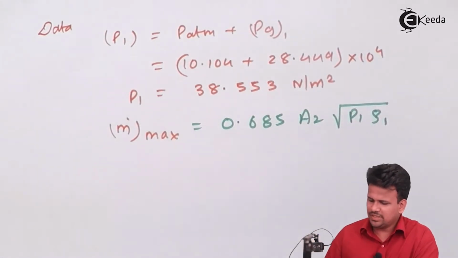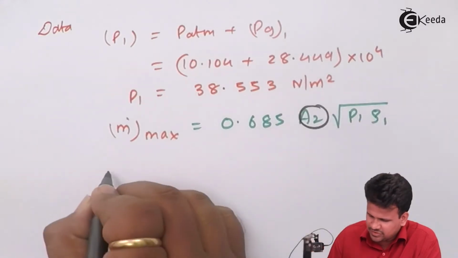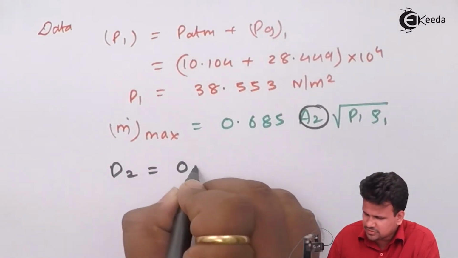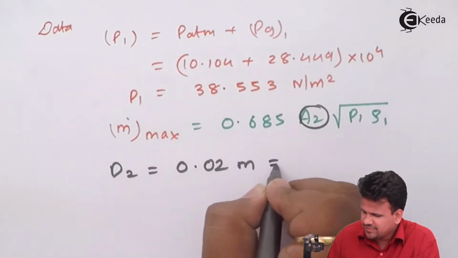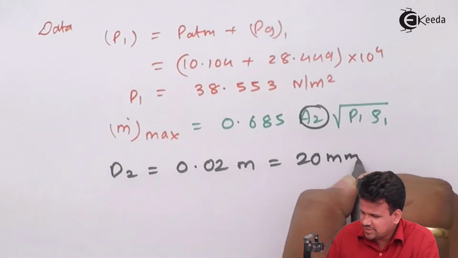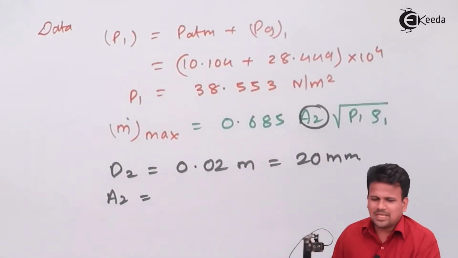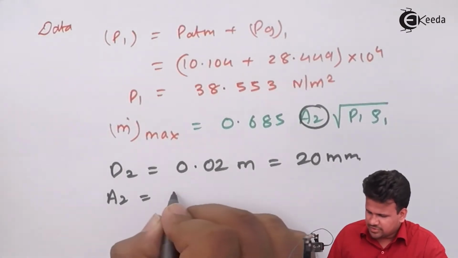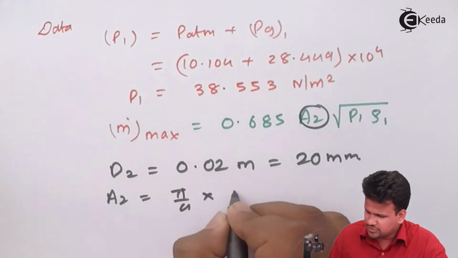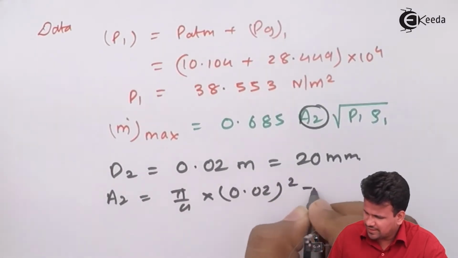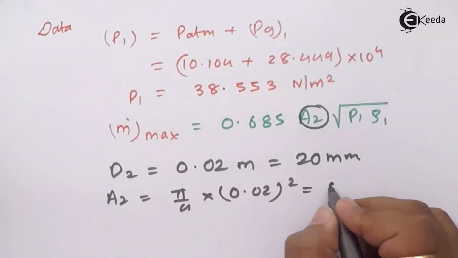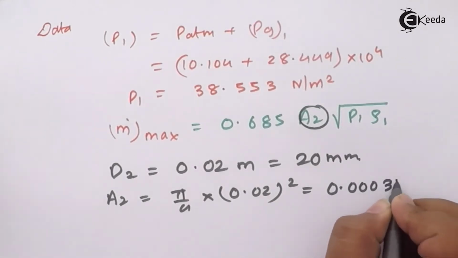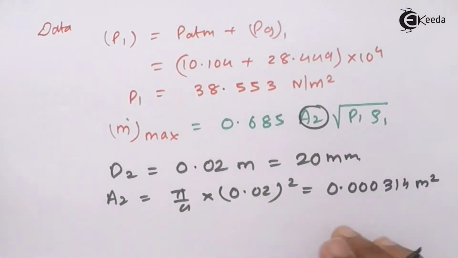Over here we need the value of A2, which we know from D2 equals 0.02 meters, which was initially given to us as 20 millimeters. A2 will be equal to pi by 4 into 0.02 square, that is equal to 0.000314 meter square. So that is the value of A2.